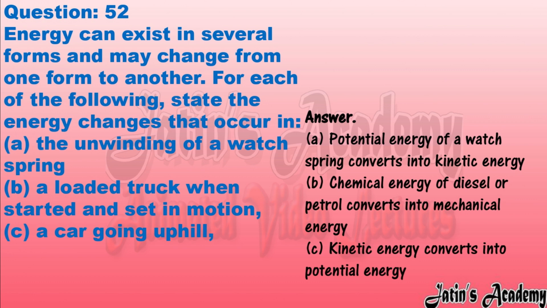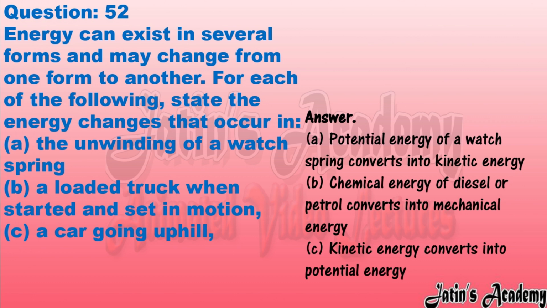Question 52. Energy can exist in several forms and may change from one form to another. For each of the following, state the energy changes that occur in: first, the unwinding of a watch spring. Answer. Potential energy of a watch. Second, a loaded truck when started and set in motion.